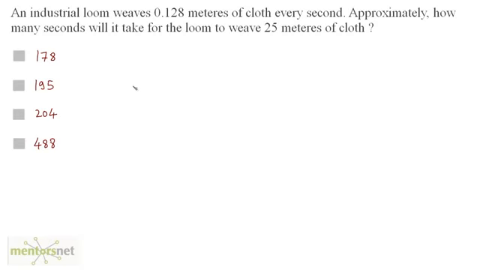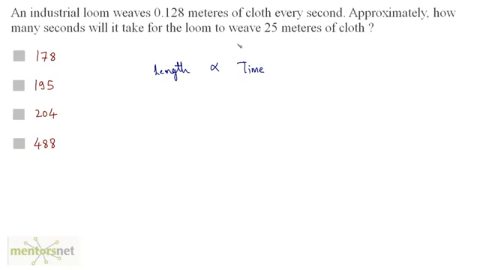An industrial loom weaves 0.128 meters of cloth every second. Approximately how many seconds will it take for the loom to weave 25 meters of cloth? So we have the length woven and we have the time taken. And the length is directly proportional to the time taken.